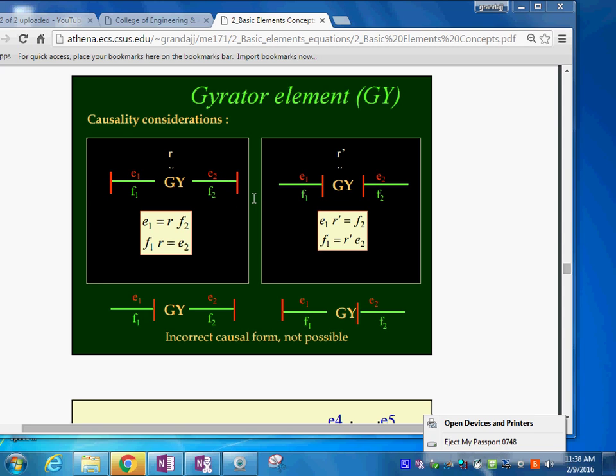It's E5 times the transformation equals F4, or E4 times the transformation equals E5. This is the same thing, just written differently.